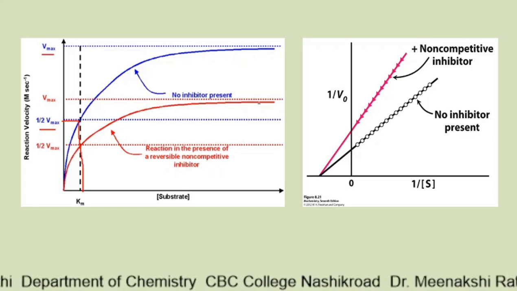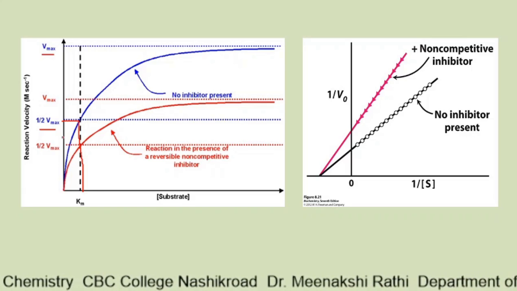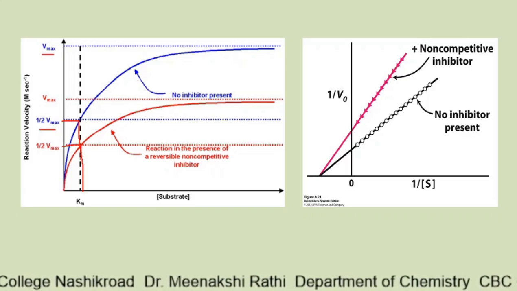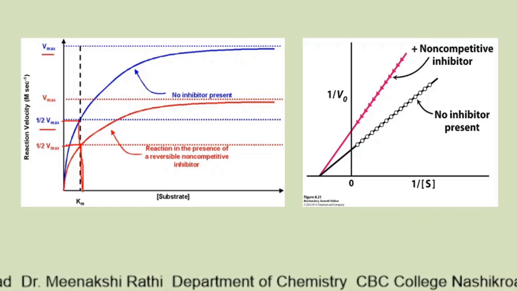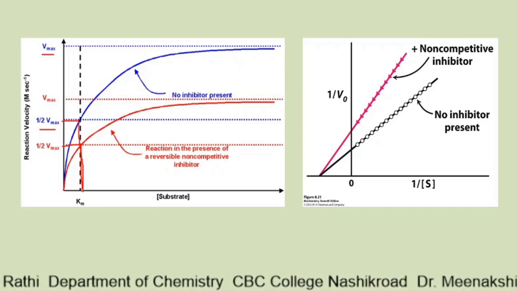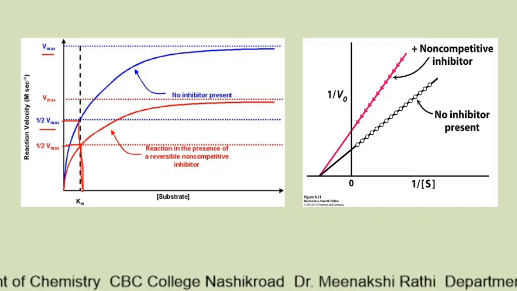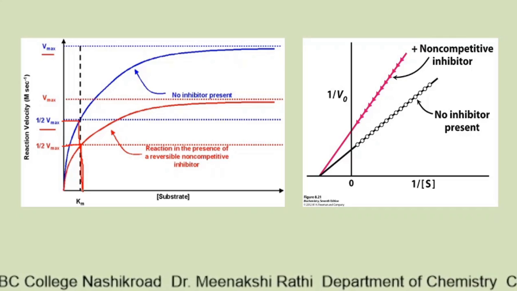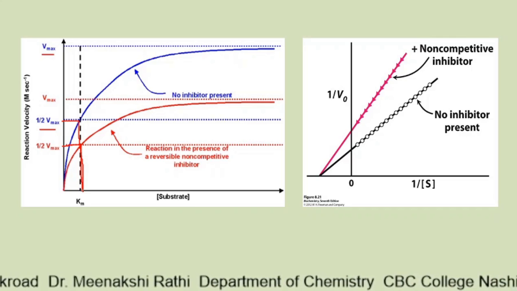So this is the Vmax for the inhibitor, and this is half of the Vmax, and we know the substrate concentration at half of the Vmax is Km. Now from this complete plot, you can understand that in non-competitive inhibition, there is a change in the value of Vmax, it is decreased, but the Km value remains the same in both cases.